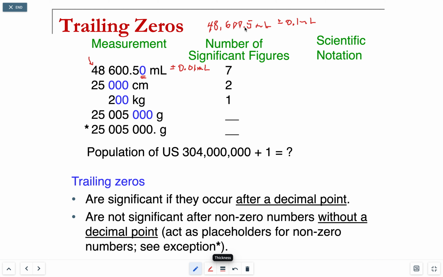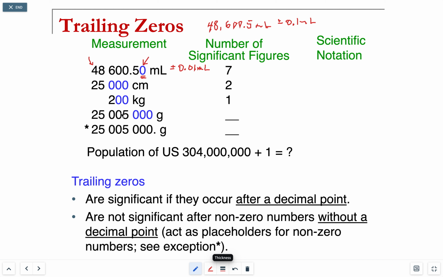This could be 600.6 or 600.4 milliliters. This is good to 600.49 or 600.51 milliliters. So the 0 is significant here. I hope you can understand why.